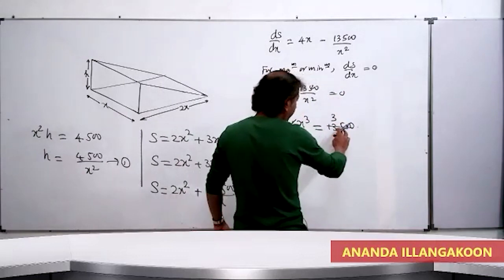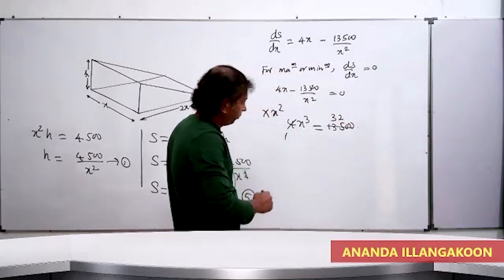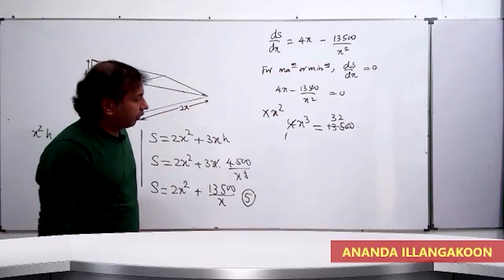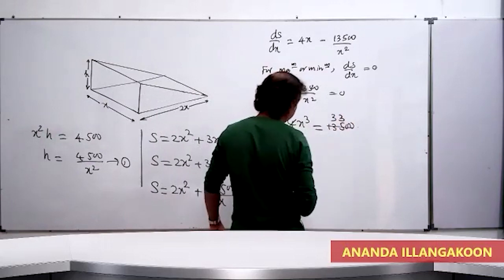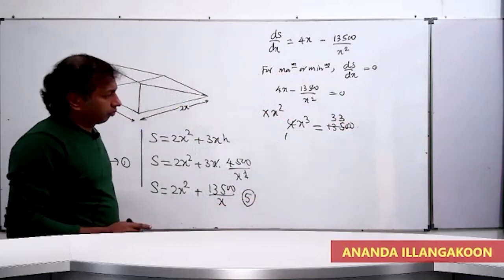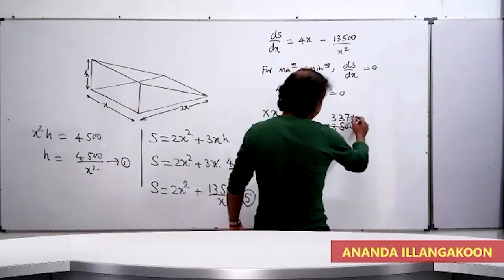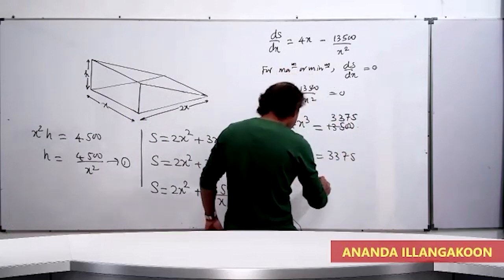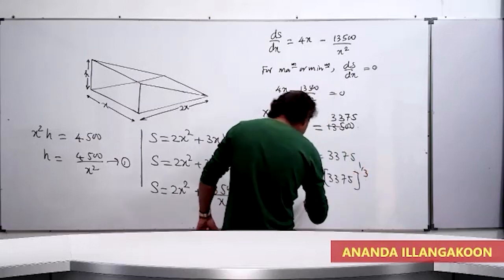Here 3. 15 people we get. Again 3, no? Then 30, 7, 5. Then the cube root of this is 15. Am I correct?